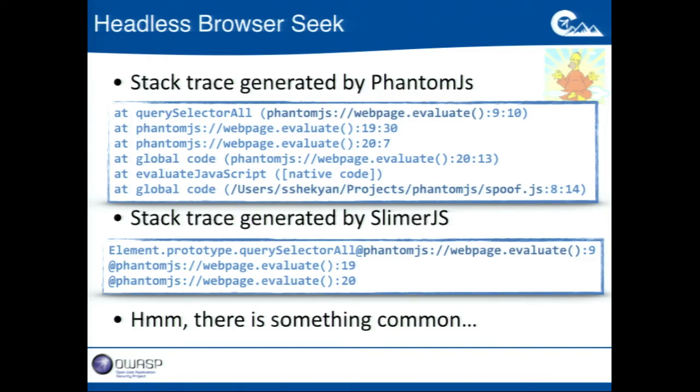We ran that code in PhantomJS and in SlimerJS, which is a Gecko-based headless browser. The stack traces are completely different, but there's one common thing: they both contain phantomjs://.